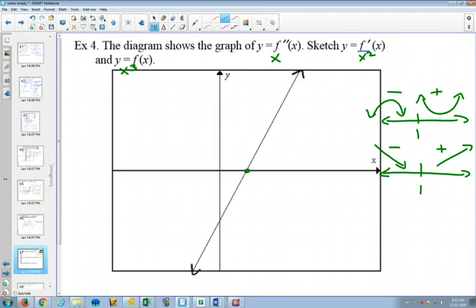So this point at 1 is going to be a local minimum of our first derivative. So if I draw that in, some local minimum, increasing after, there's what our parabola could possibly look like.